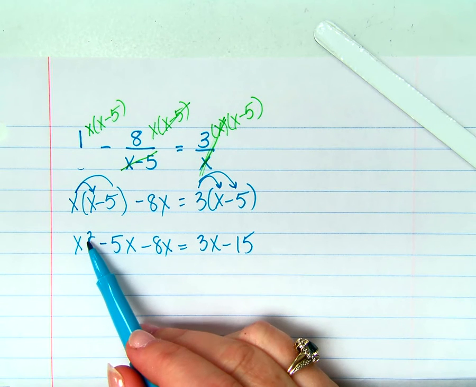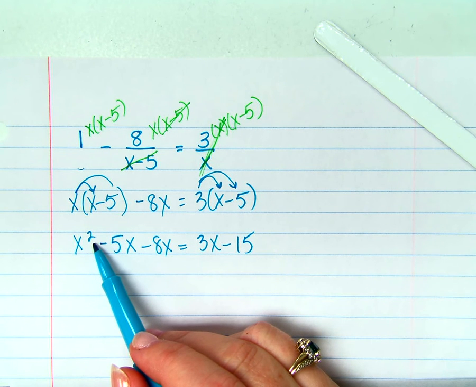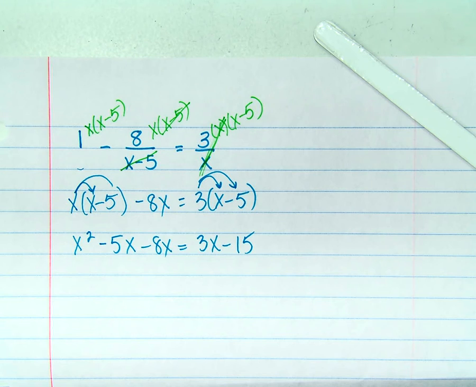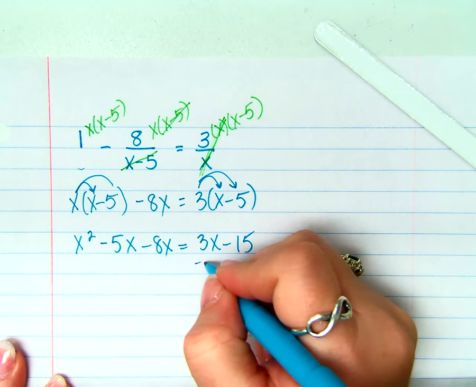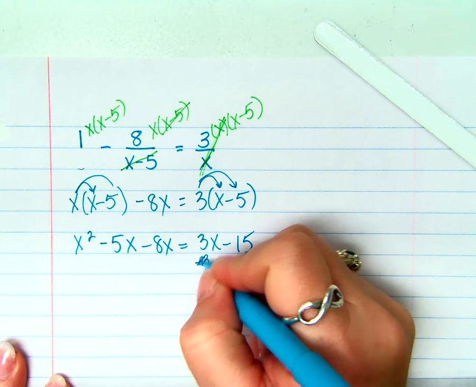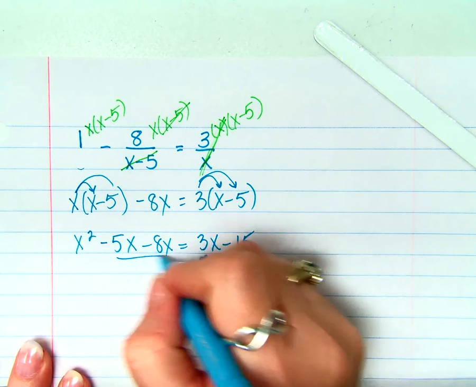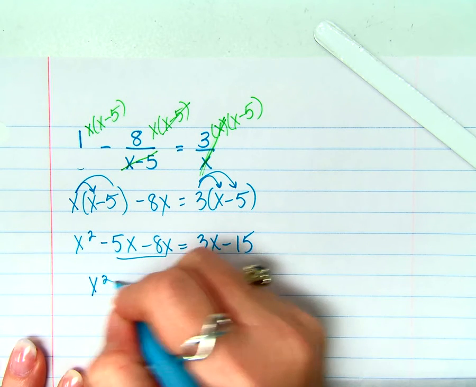Now it is a quadratic, so we want it to equal 0. Good. I like to keep a positive x squared term. That's just me. What do I want to do first? Yeah, good. Simplify our like terms.